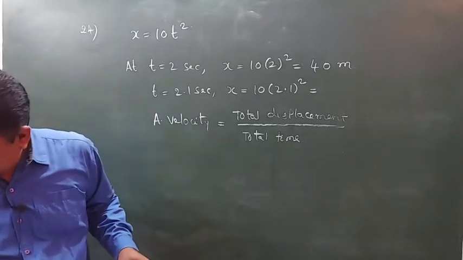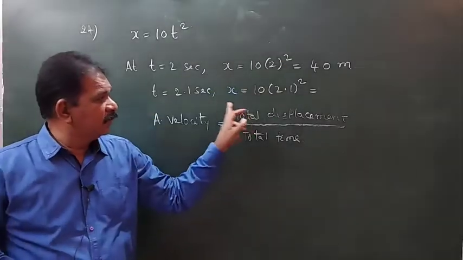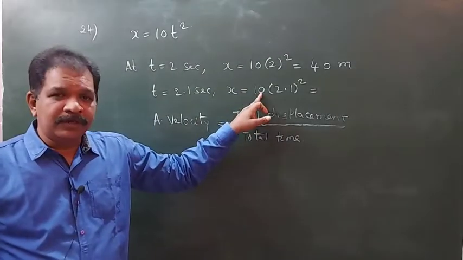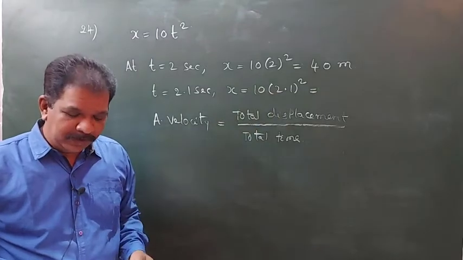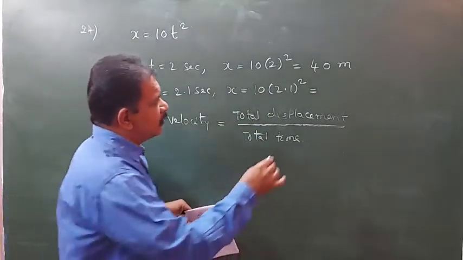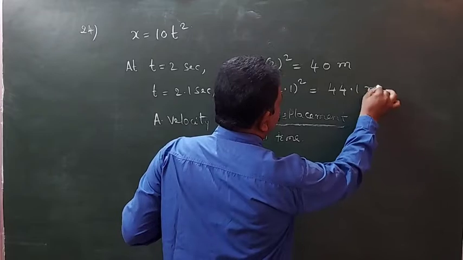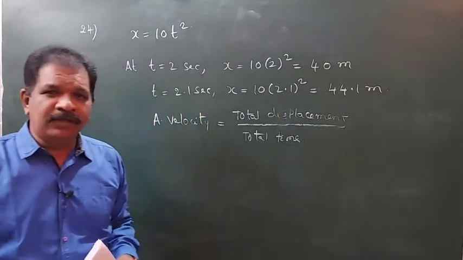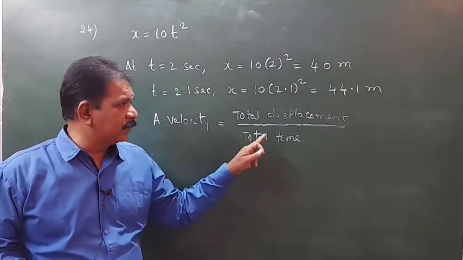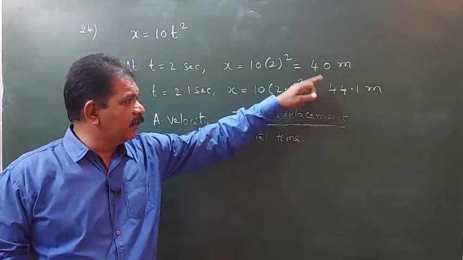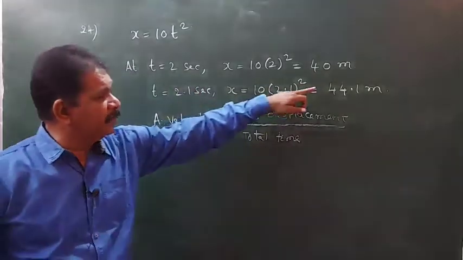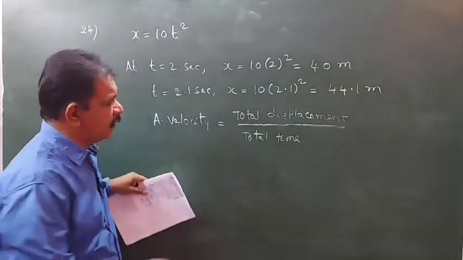So t is equal to 2 second means 40. T is equal to 2.1 means 10 into 2.1 whole square. This will be 10 into 4.41. So it becomes 44.1 meter. So displacement in between this time interval means this minus this.